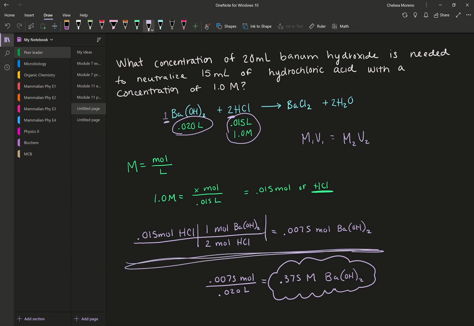The M1V1 never actually takes into account the fact that it could be a 1 to 2 ratio or a 2 to 3 ratio of whatever you're talking about, right? So we just need to keep in mind that this formula only works if everything is in a 1 to 1 ratio, which I like to tell my students, don't even confuse yourselves with this stuff. Always do it the long way so you can see, okay, am I doing this right? And making sure you're not missing out on that molar ratio.